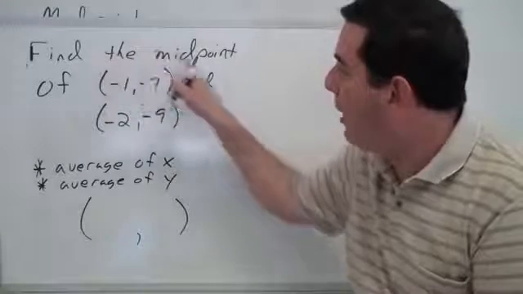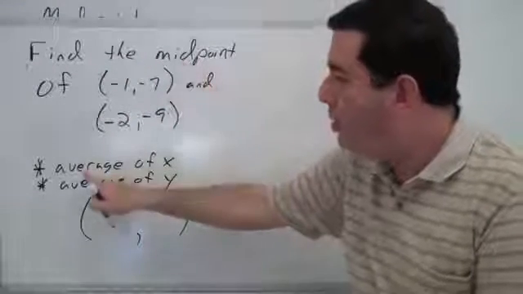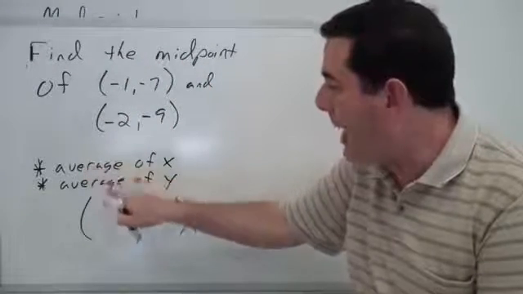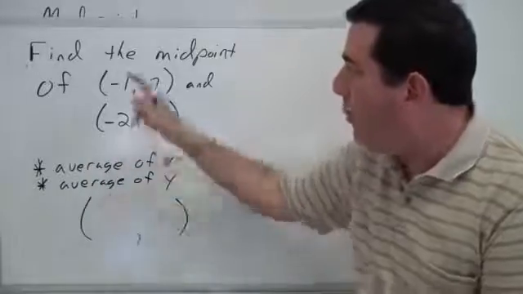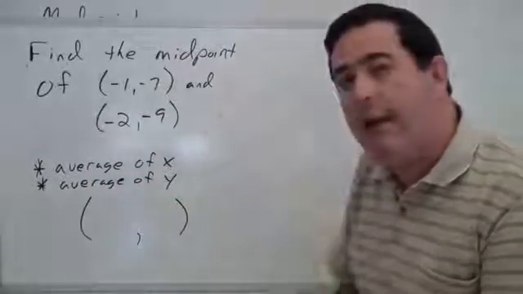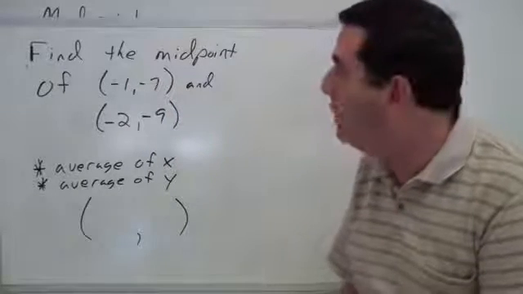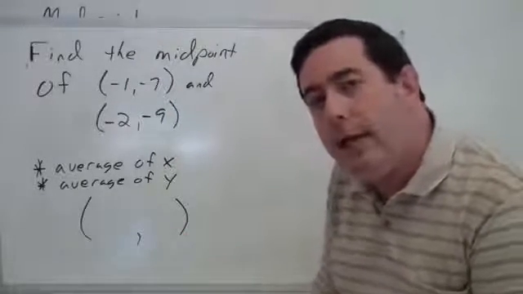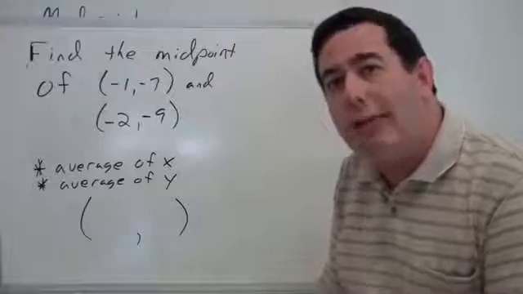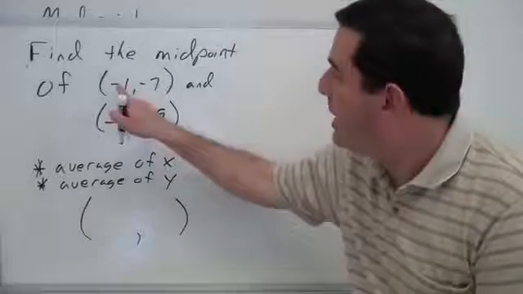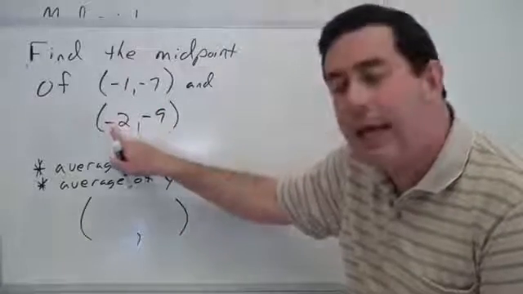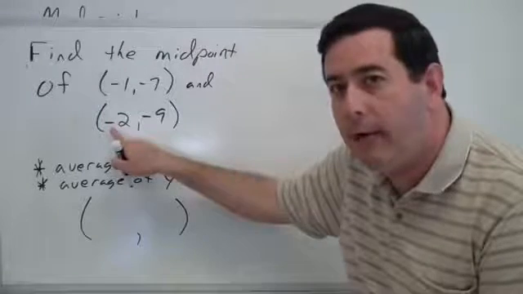Remember, anytime that we're asked to find the midpoint, we want to average the x's and average the y's. For this one, we're asked to find the midpoint between -1, -7, and -2, -9. Don't let those negative signs bother you. Just add together the numbers. -1 plus that -2 made -3.